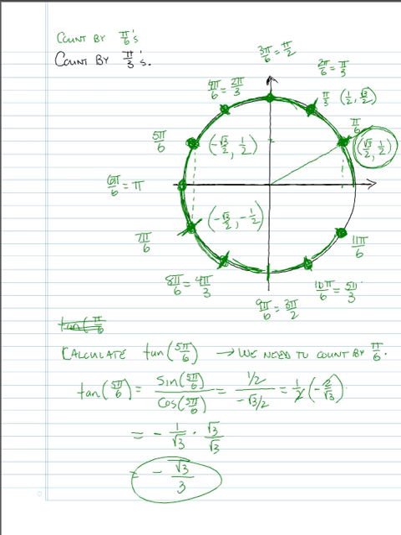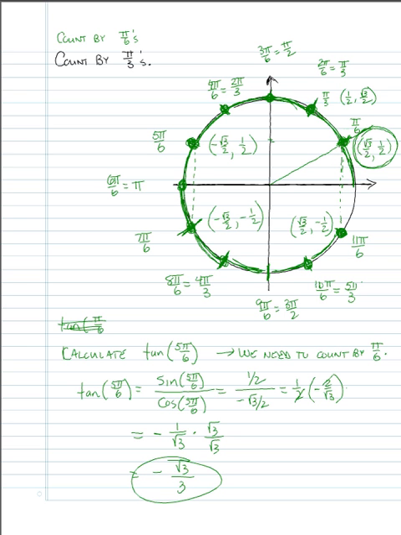Well, all we have to do is look at the point above it. It has the same first coordinate, which is the square root of 3 over 2. The second coordinate is the opposite of 1/2, is -1/2. So now we could easily find the tangent of 11 pi over 6. We could find the secant of 11 pi over 6 because we know the coordinates of the points, don't we? So that's what I mean by counting off by pi over 6s.